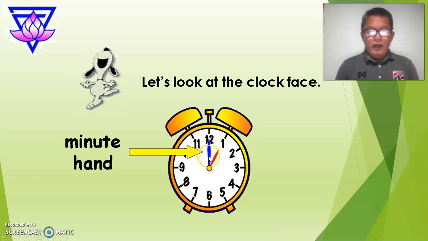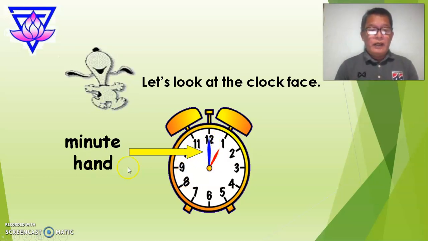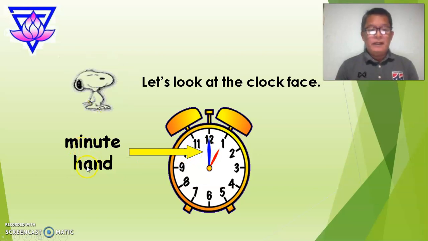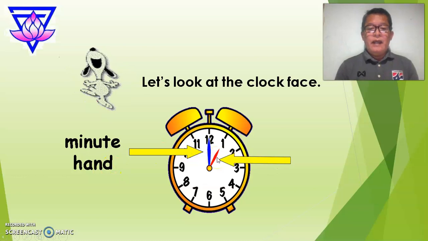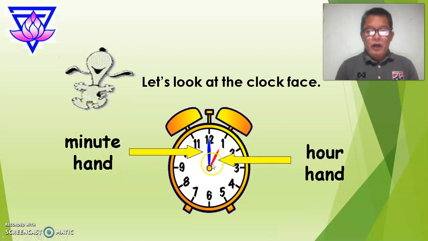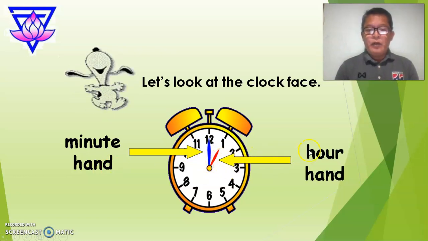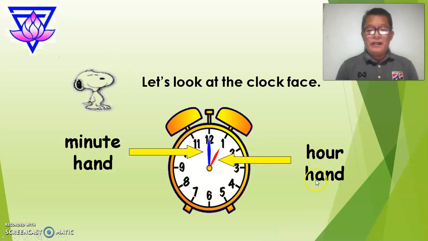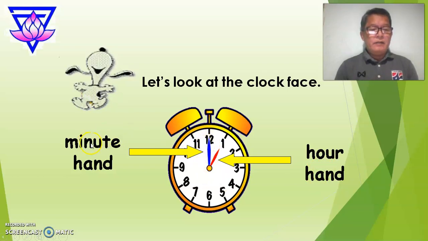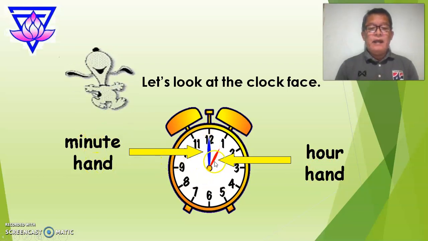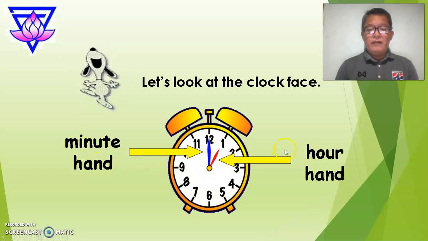The blue one, or the long hand, we call the minute hand. And the red one is the short hand. We call it the hour hand.